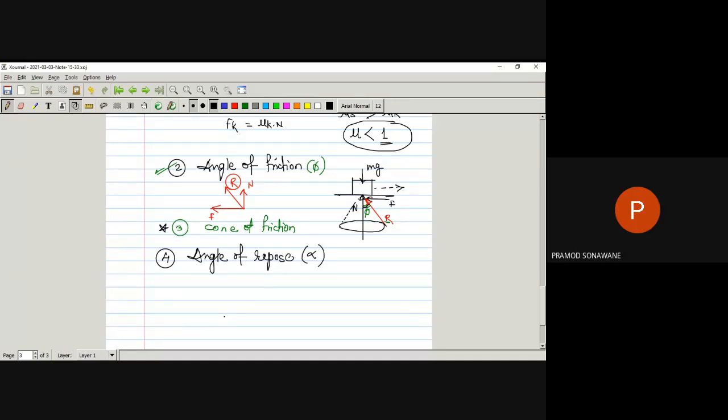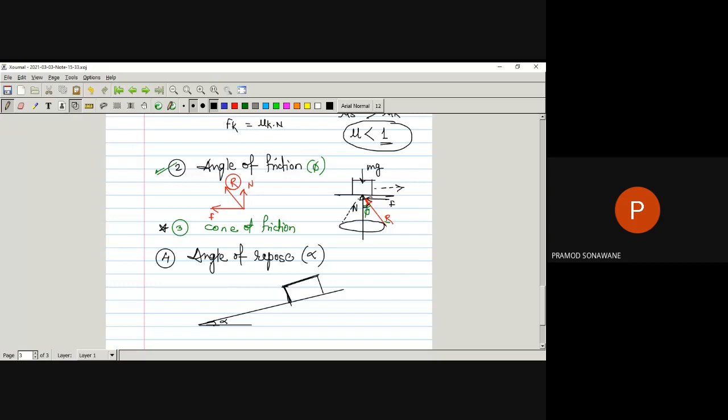Suppose now I am having this inclined plane which is having inclination alpha with respect to horizontal, and I keep some block or crate over this inclined plane, there is friction between the plane and the crate.